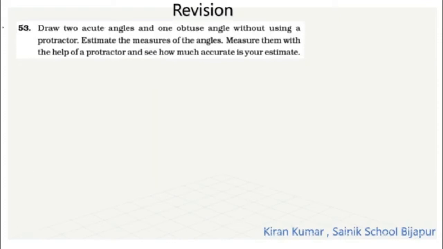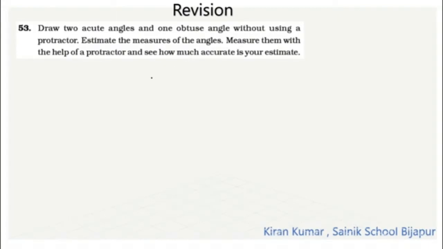Question 53. Draw two acute angles and one obtuse angle without using a protractor. Estimate the measure of the angles, measure them with the help of protractor and see how much accurate is your estimate.